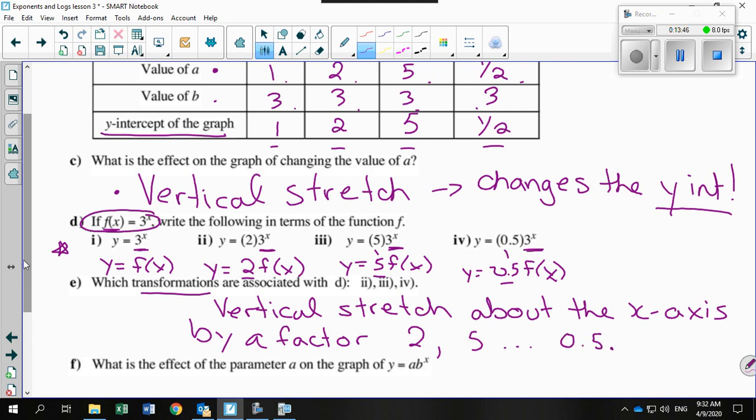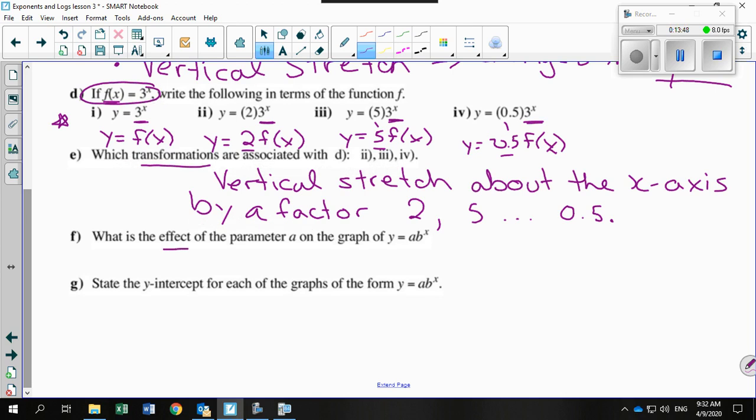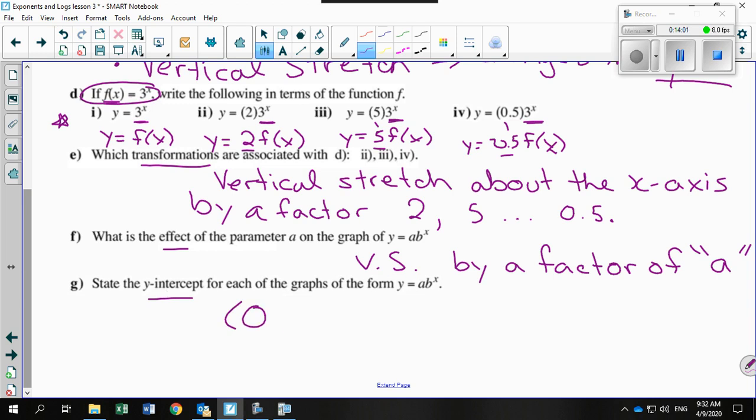Okay, so if we want to talk about what the effect of the parameter is, it's our vertical stretch by a factor of a. And that is it. Our y-intercept will now always be (0, a) unless we horizontally or vertically translate it, which we'll get into further.